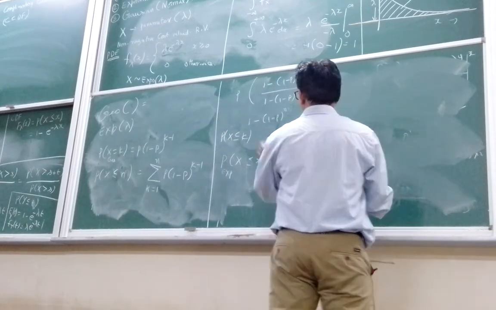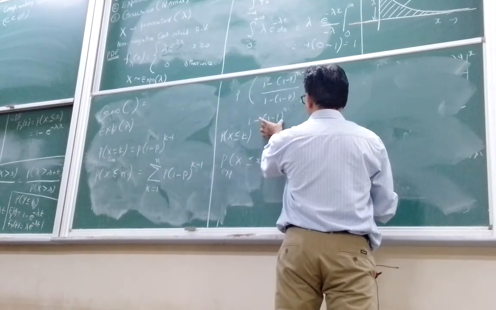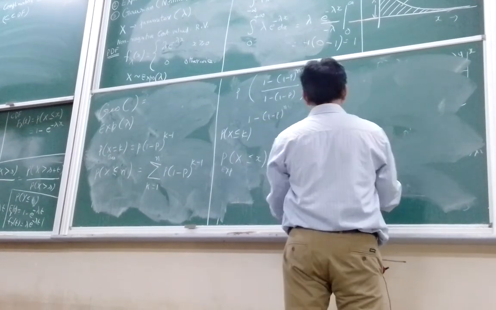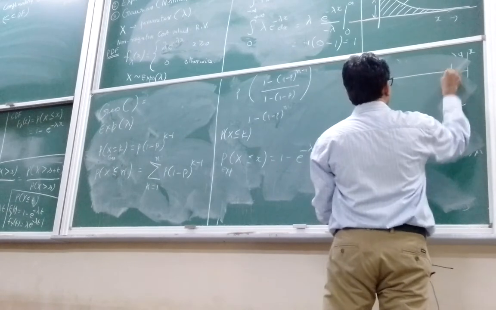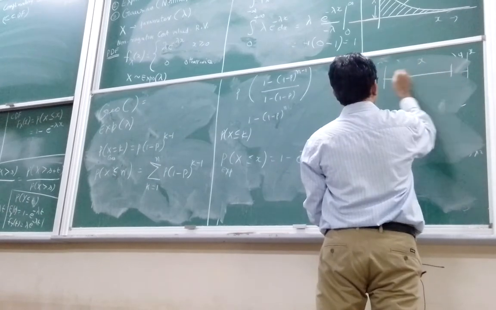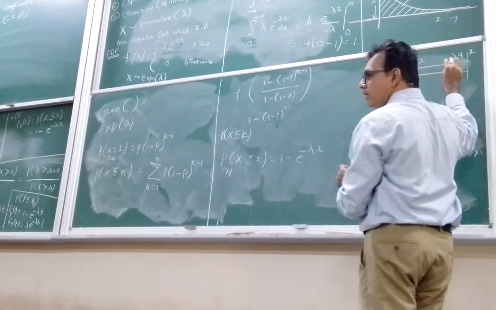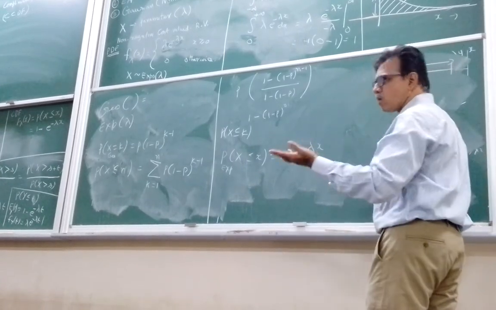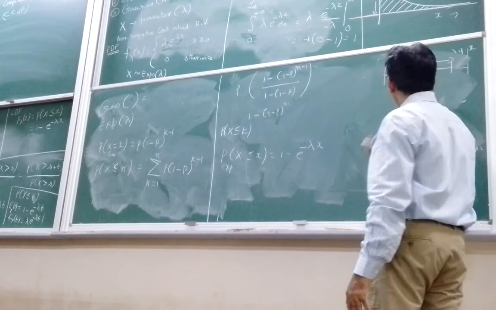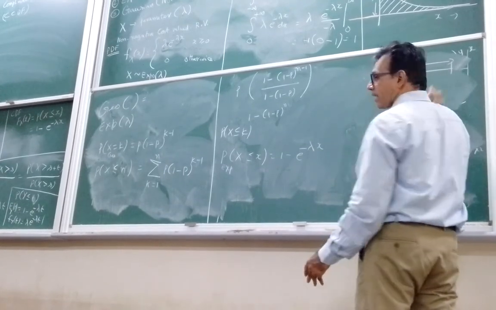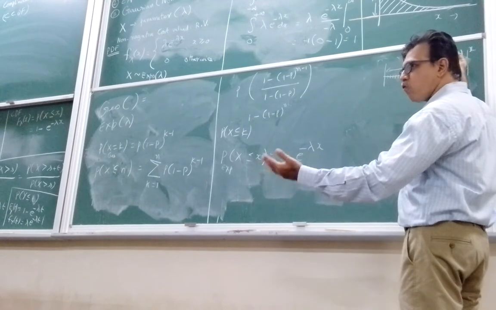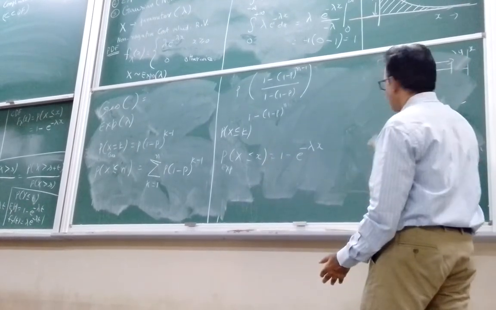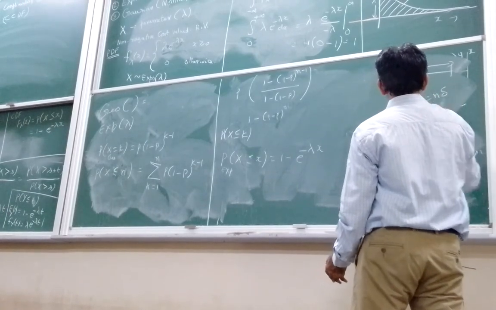Okay, so it looks like this: 1 is there, minus is there, and this term is very similar. So if we put that x is the continuous valued random variable indicating the lifetime, I will divide it into small time slices of 1 second or 1 minute each. Let us say there are n such slices in this time of 1 year or whatever it is, each time slice being delta, so x equals n delta.